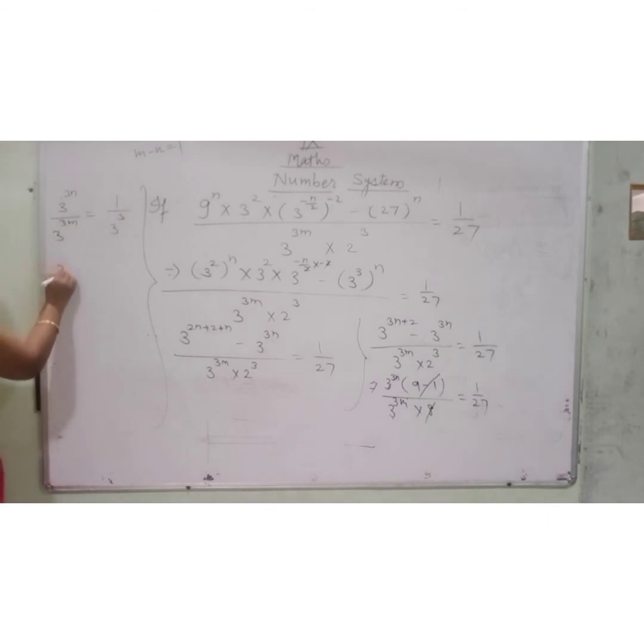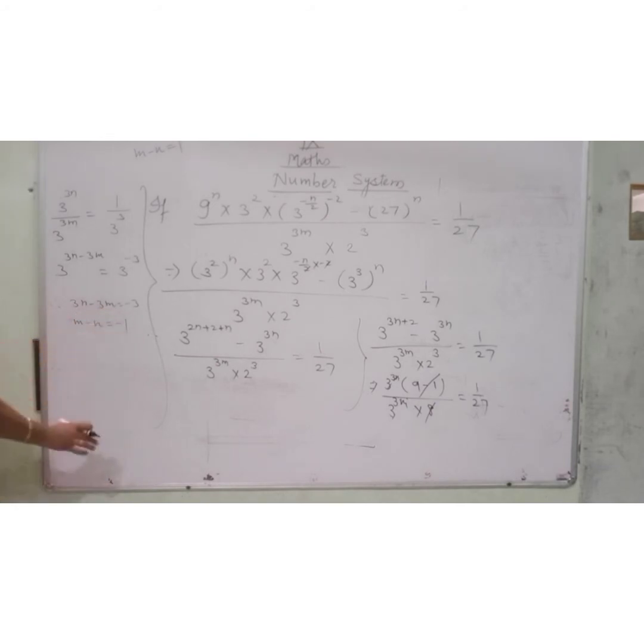So 3 raised to the power 3n minus 3n. Base is the same and division is there, so take the subtraction of powers. 3 raised to the power minus 3. Therefore 3n minus 3n is equal to minus 3. So m minus n is equal to minus 1.